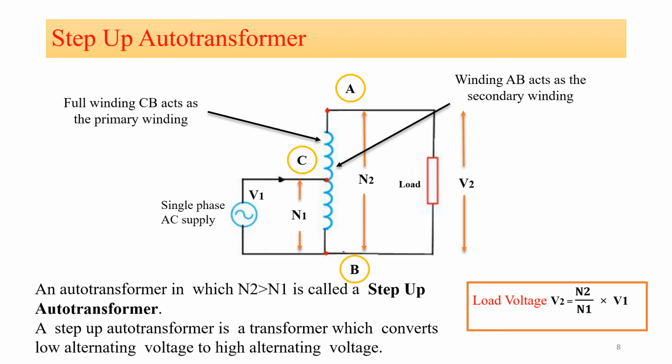But in the step up auto transformer, the total number of secondary windings is greater than the total number of primary windings, and it converts low alternating voltage to high alternating voltage. This is the main difference between the step down auto transformer and the step up auto transformer.